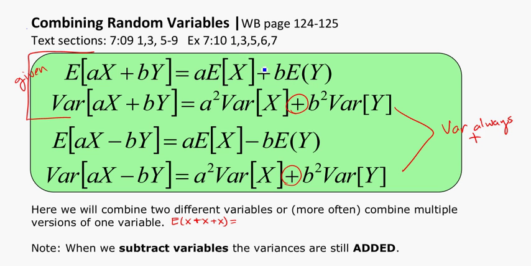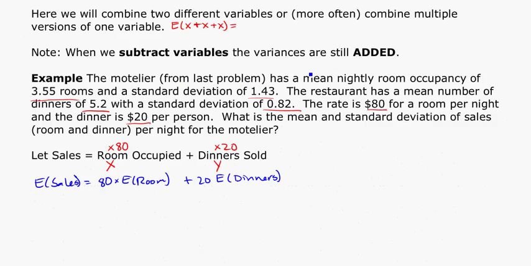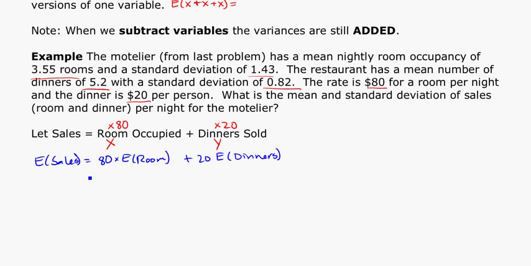So A times the number of rooms and B times the number of dinners. So we will get 80 times the mean number of rooms, which is 3.55, plus 20 times the mean number of dinners, which is 5.2. And this adds up to $388 in sales on an average night.